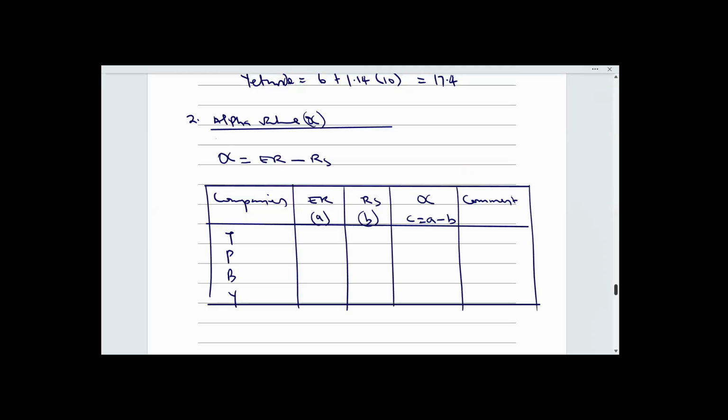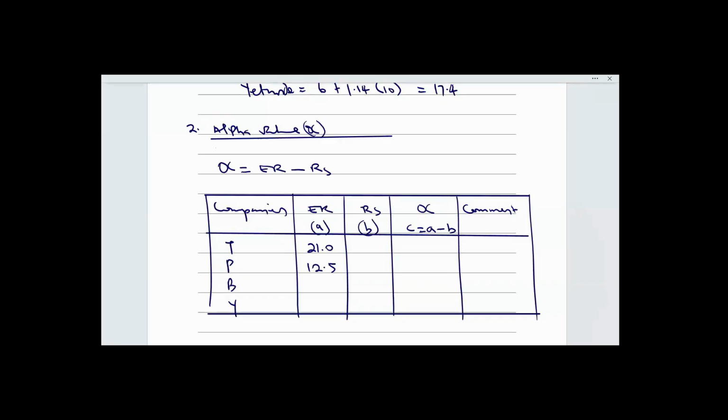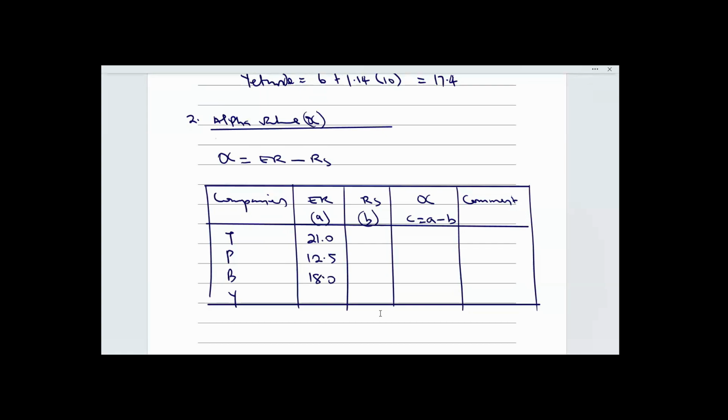Okay, so give me the expected return for Tomiwa. 21%, right? Expected total return on investment per annum, 21%, then 12.5, then 18.5.